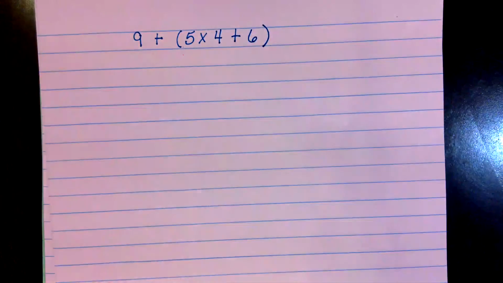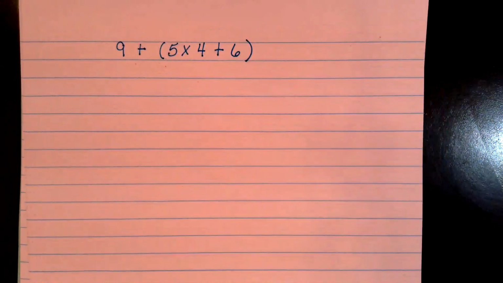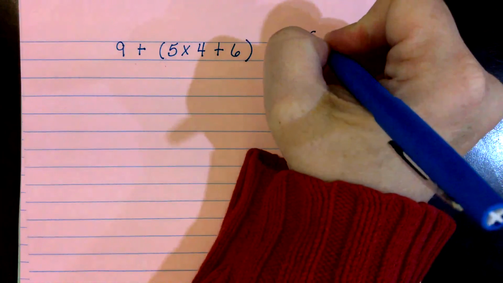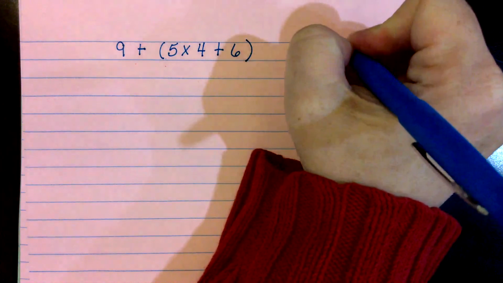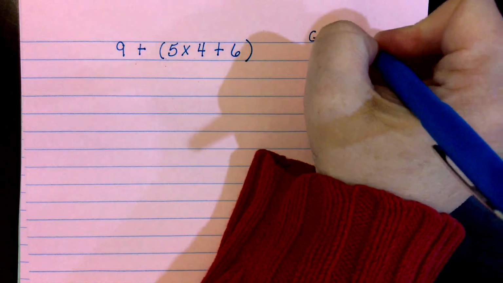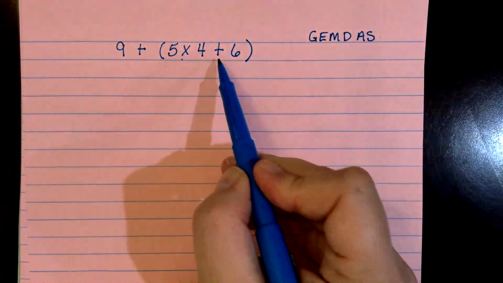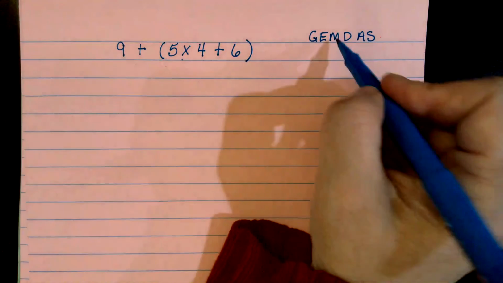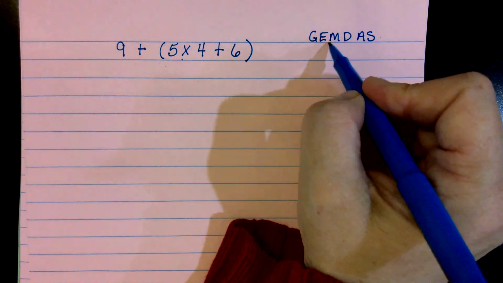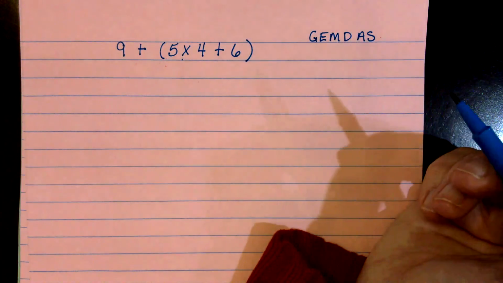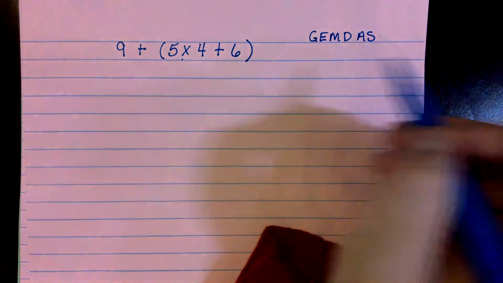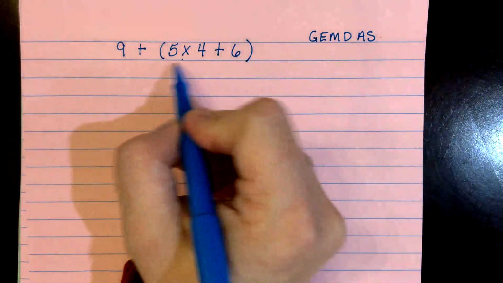So what happens if we have more than one operation in our parentheses? Well, we have to look at the operations. We have multiplication on one side and addition. Multiplication and division come before addition and subtraction in GEMDAS. So what we're going to do is start out in here.